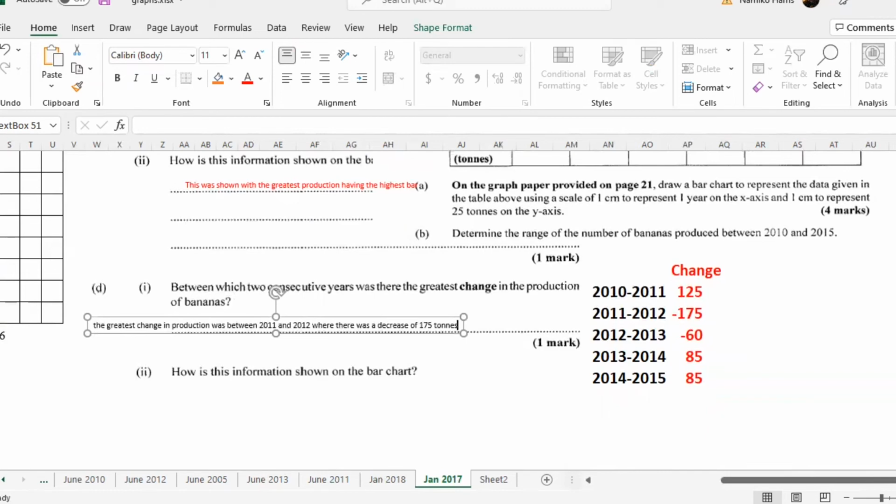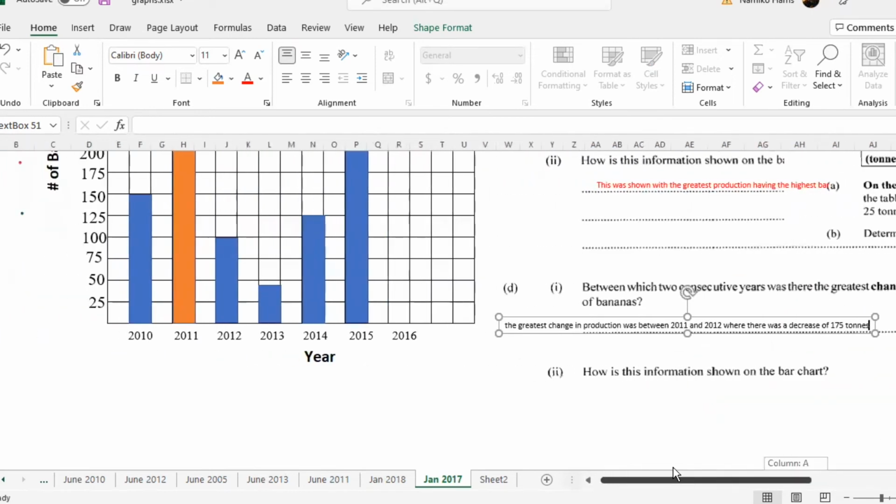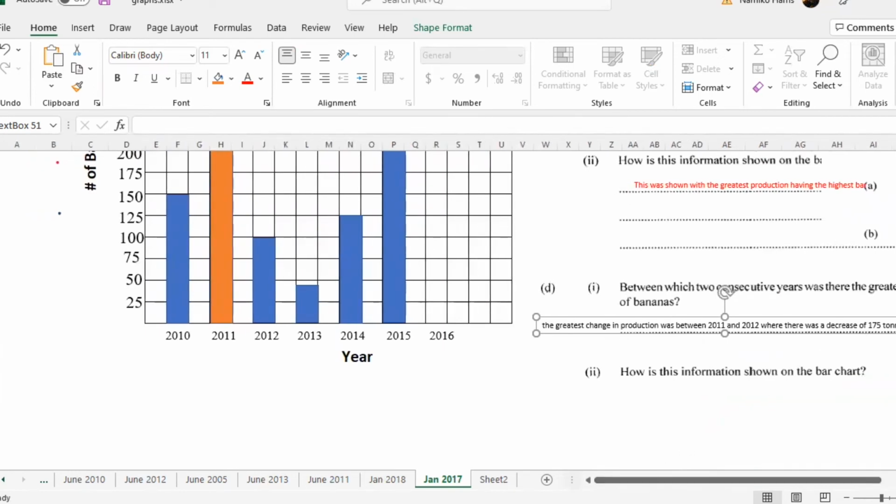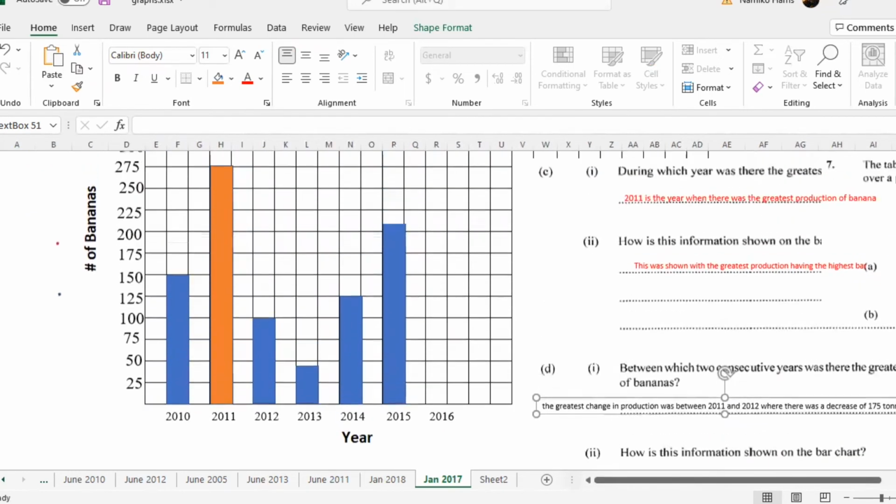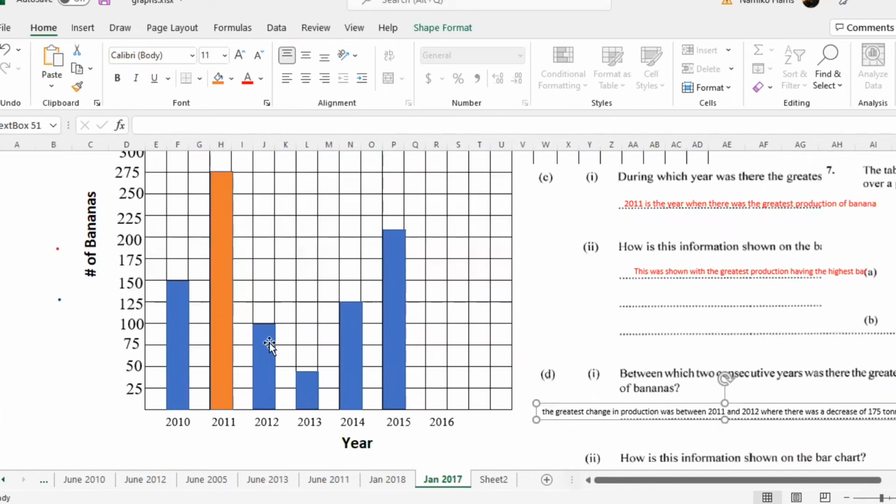Part 2 now says, how is this information shown in the graph? So going back now to our graph, we said it was between 2011 and 2012. So now let's also change the color for that graph. So 2011 and 2012, we're looking at these two bars.